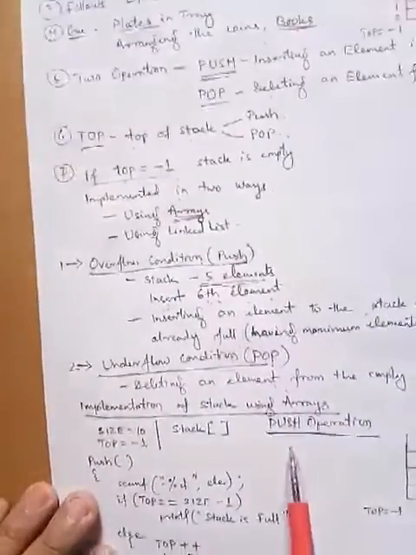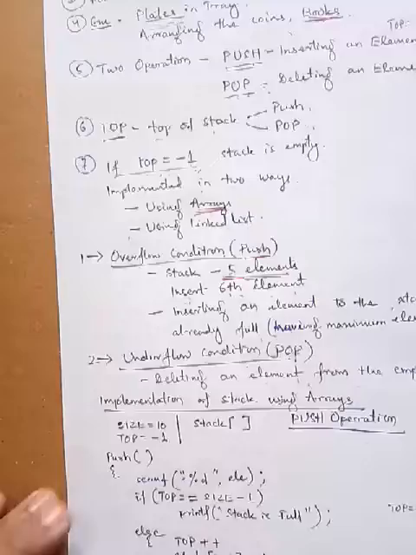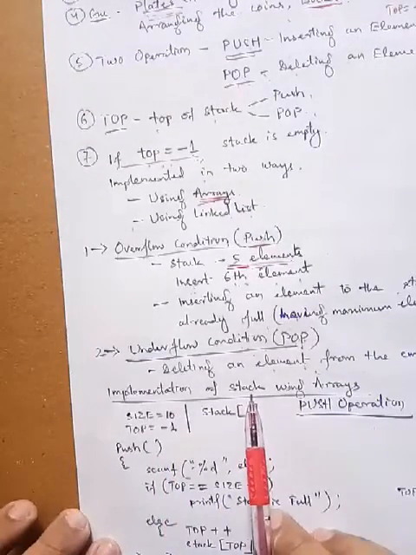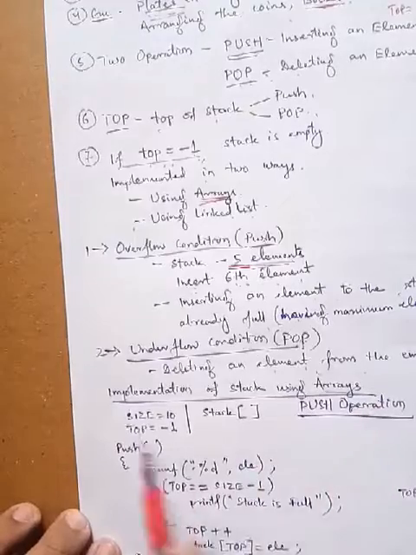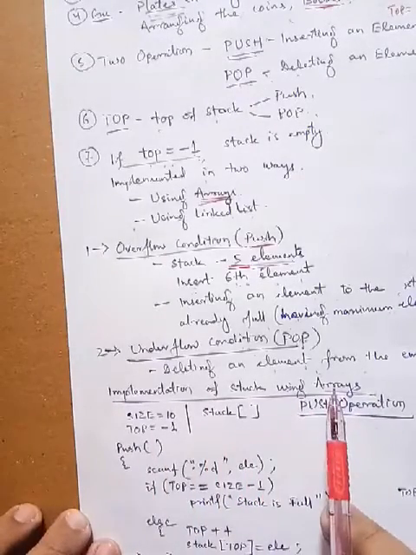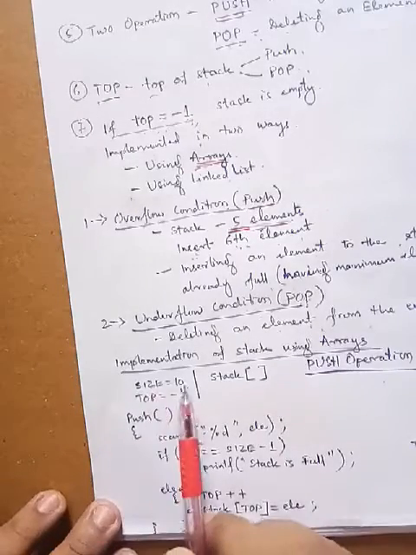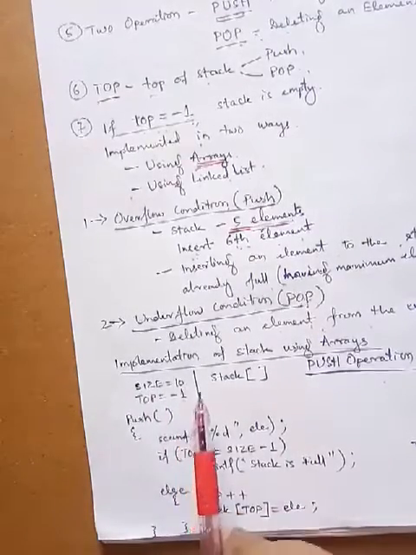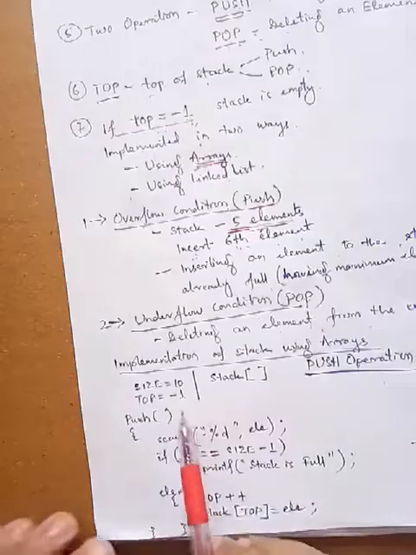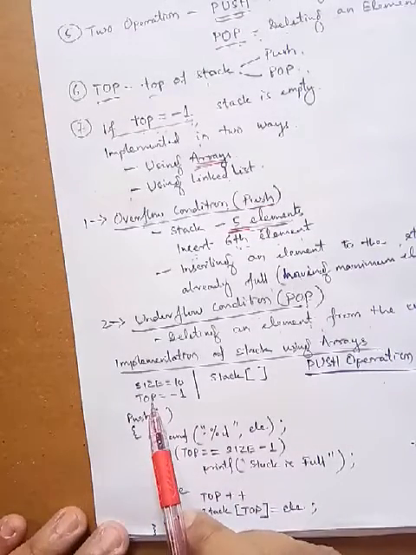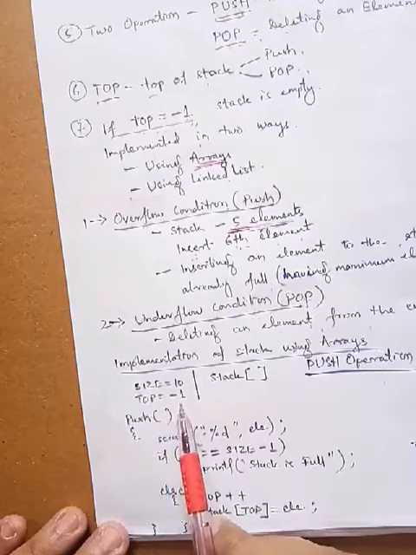First we'll check the push operation, and the algorithm for push operation is this one, and that is implemented using array. That is implementation of stack using array. Now we have taken one variable, size. I have taken the maximum number of elements as 10. You can take n number of elements. So I have taken 10 elements, and this is the top variable that is assigned as -1.